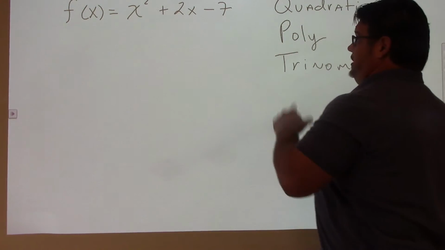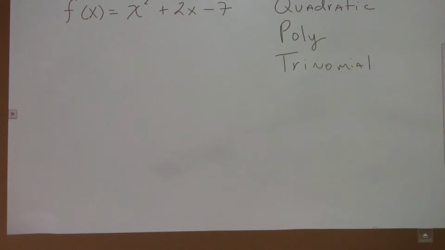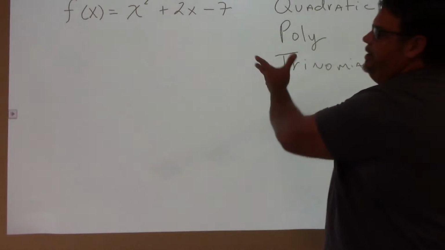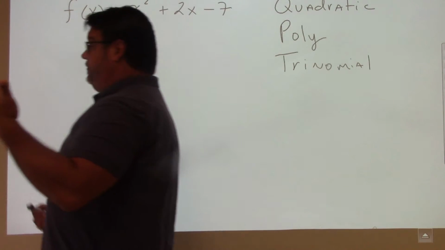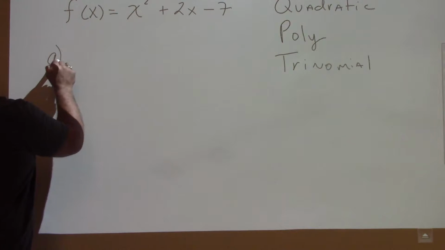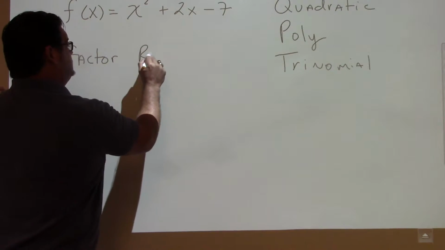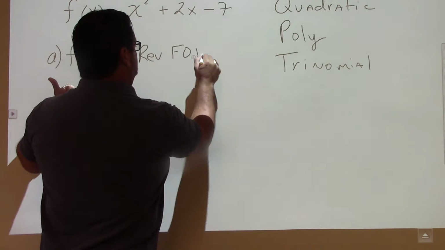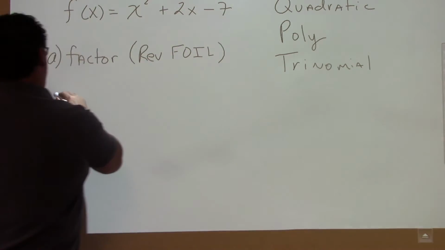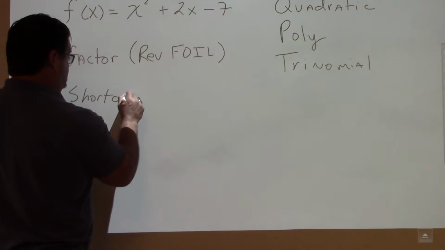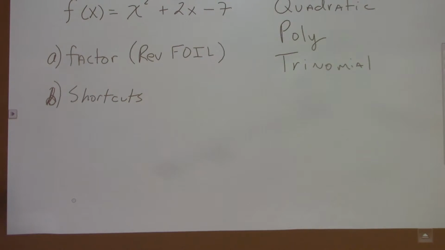There may be other names. But to find out a little bit about this trinomial, you've been told to factor using the reverse FOIL. You've been told to use the shortcuts, B, not 2. B, that's a B. Shortcuts. Factor using the shortcuts.